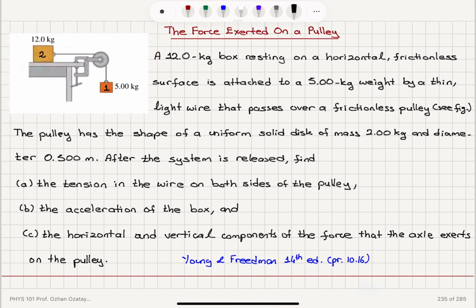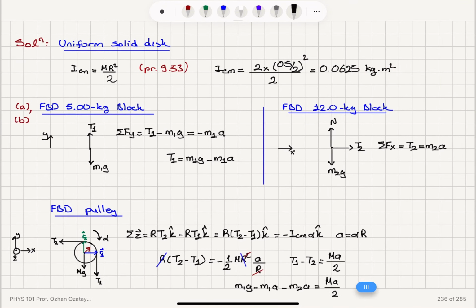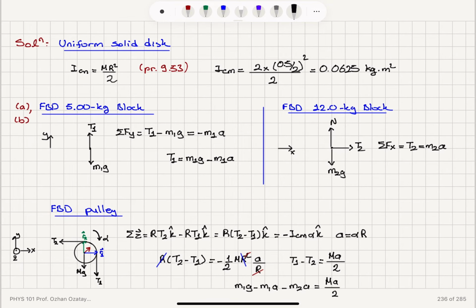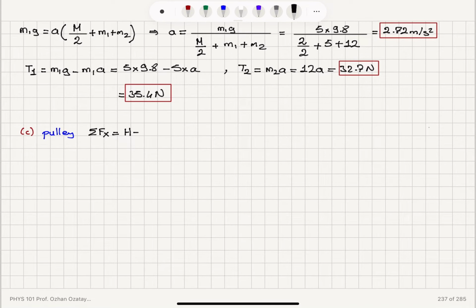Now for part C, we want to know the horizontal and vertical components of the force. Now go back to the pulley free body diagram you can see here. Now let's write the net force on the x-axis. So the net force on the x-axis from the pulley free body diagram is the horizontal component of the force exerted by the axle, I will call H, and there is a T2 pointing in the negative i-hat direction.